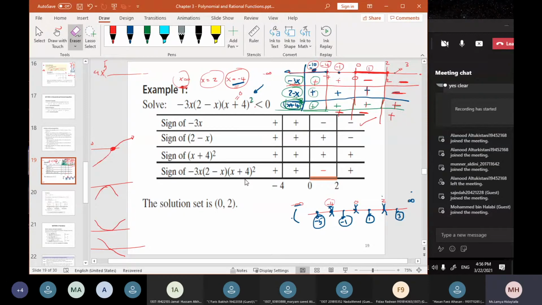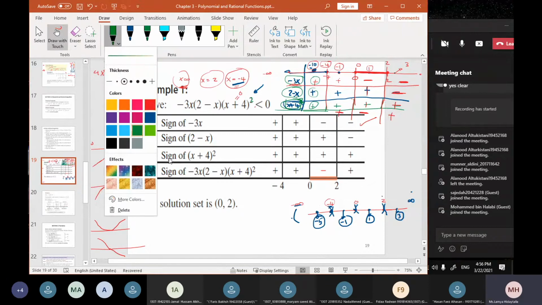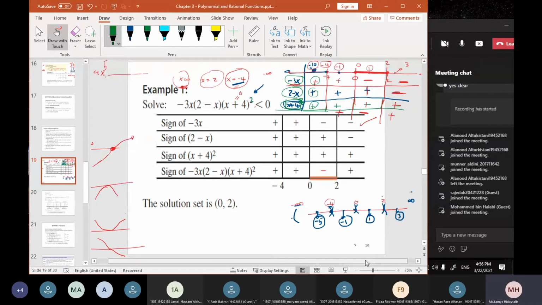So the function behavior from minus infinity up to -4 is a positive function. So that means it is here, it is positive. Okay. So here the function is positive, somewhere here it is positive.